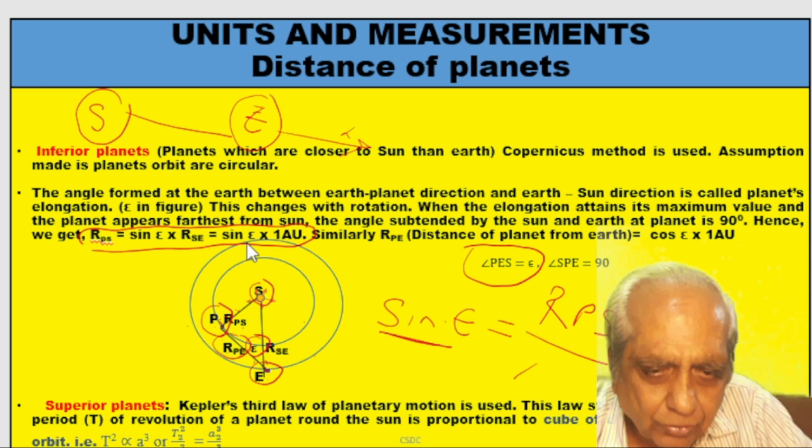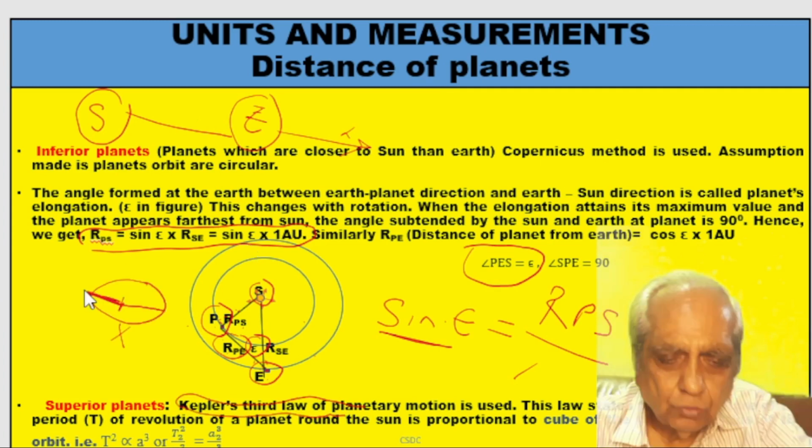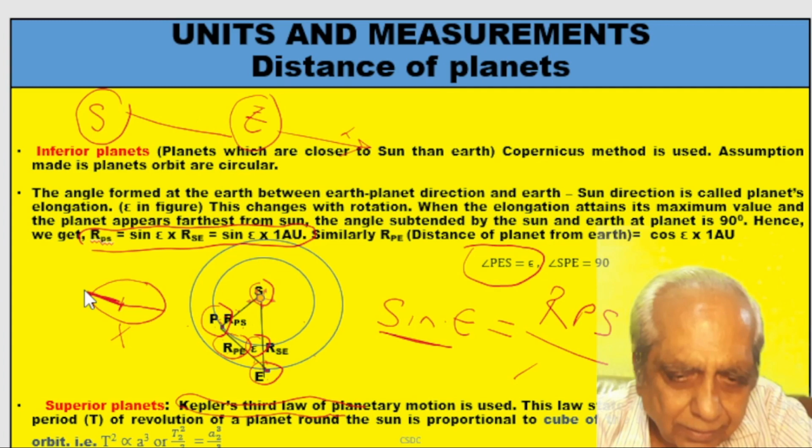So it says the time period of revolution of a planet is proportional to the cube of the semi-major axis. If they are rotating in this orbit, this is the major axis, and if I take half of it from the center, this will be the semi-major axis. If the semi-major axis is more, it will take more time.